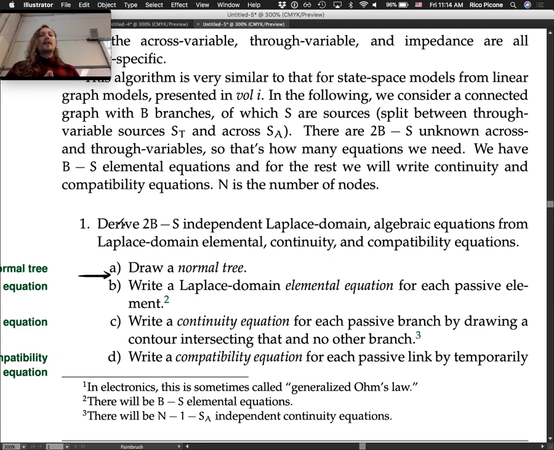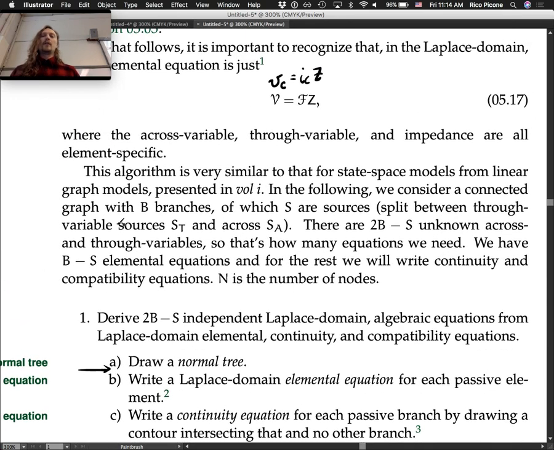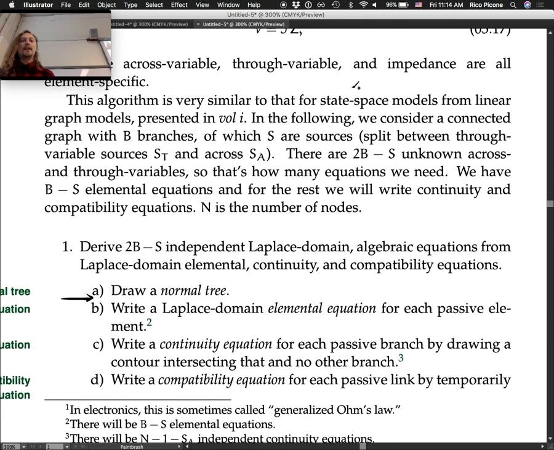So our new step B is to write a Laplace domain elemental equation for each passive element. So V equals F Z, but in whatever form that element is, over and over and over again for every passive element. Okay? And then we write a continuity equation for each passive branch by drawing a contour intersecting that and no other branch.